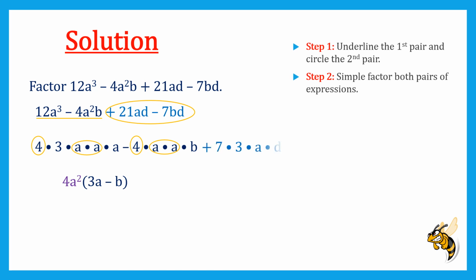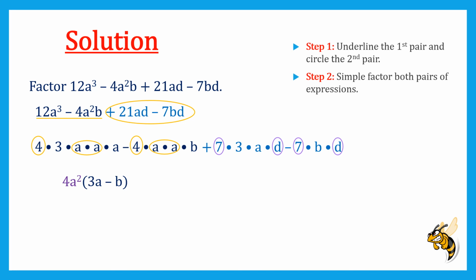We're going to simple factor the second one, and we can see that 7 is the biggest number that they have in common. So it's going to be 7 times 3 times a times d minus 7 times b times d. So we notice that they have a 7 in common, and they also have a d in common.